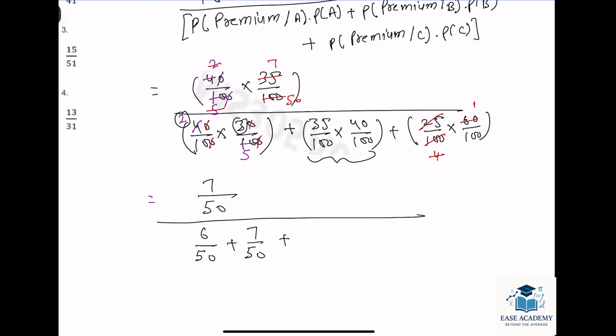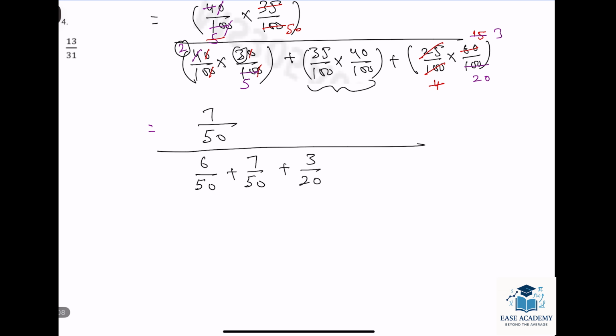And for C, 25 times 60 over 100 times 100, which gives 3 by 20. So the overall things will remain in this.